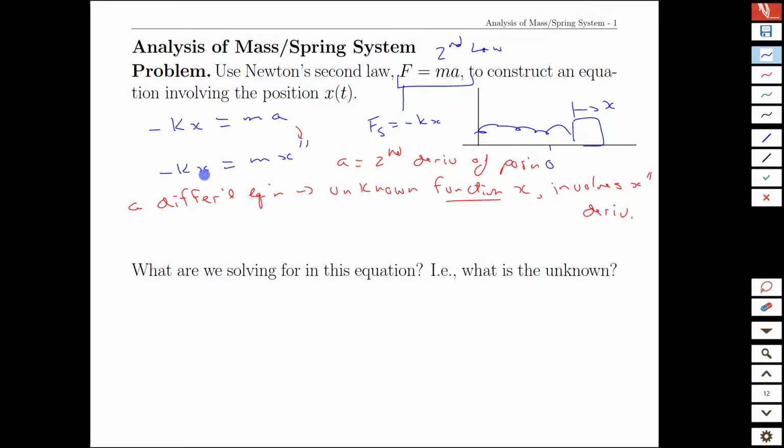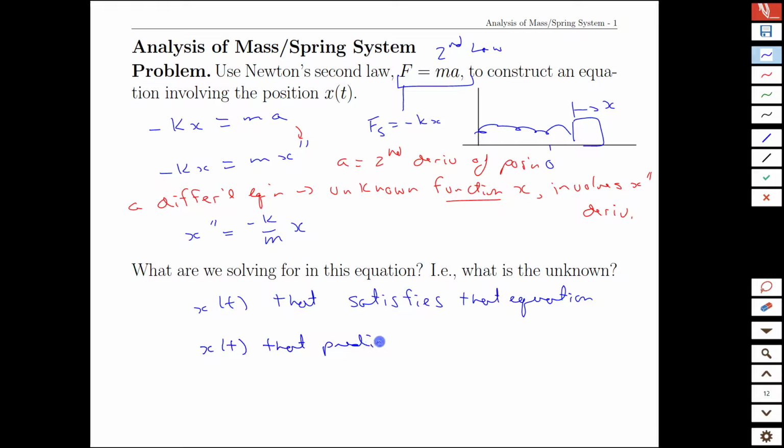We are looking for a function which, when we differentiate it twice, equals itself, but with some constants. Actually, let's focus on that. Let's isolate the x double prime part. Move it to the left, and we'll divide through by m. And so what we're looking for as a solution is x of t that satisfies that equation, or, in a more meta sense, x of t that predicts the motion of the mass.